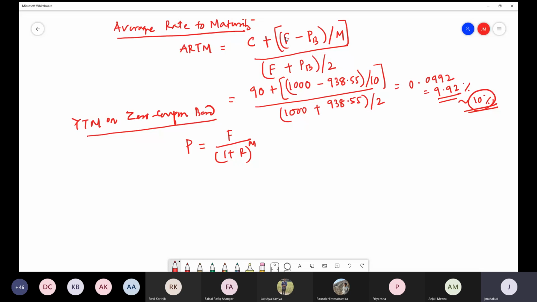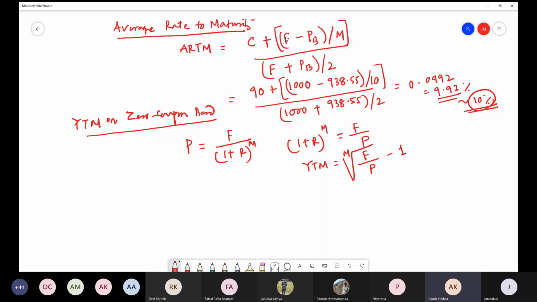So P is F by 1 plus R to the power M, then 1 plus R to the power M will automatically be F by P. Then your YTM will be F by P, yes or no, minus 1. Am I correct? Yes, sir.